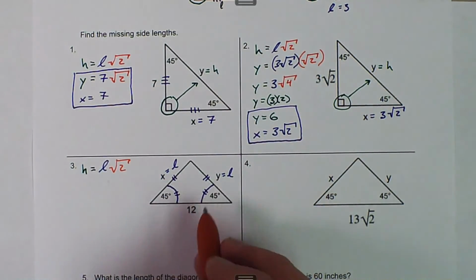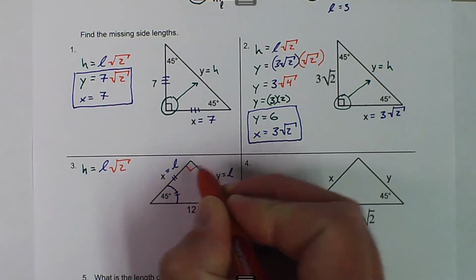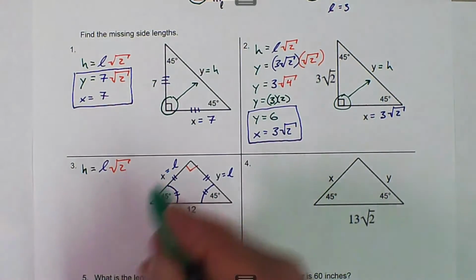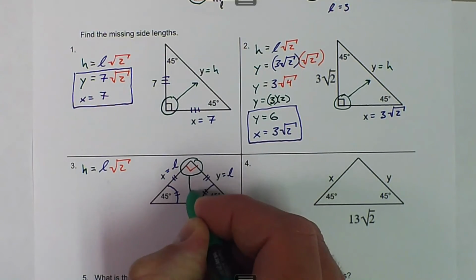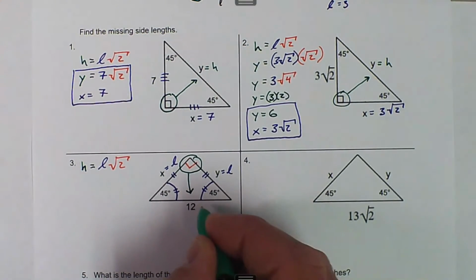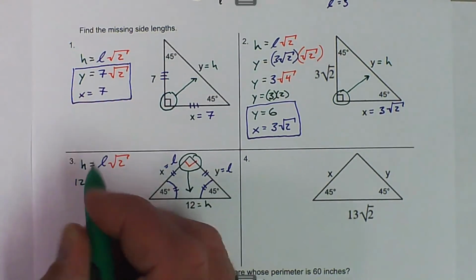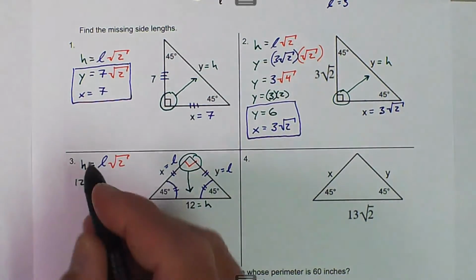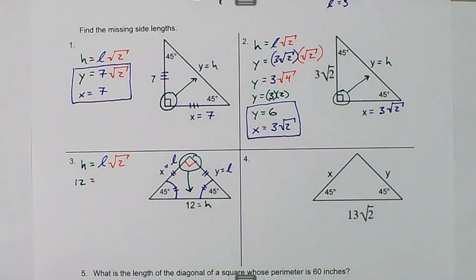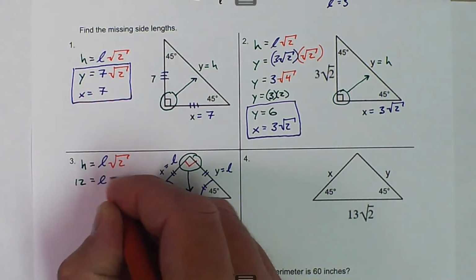Now, because these two are 45, that means that this one has to be 90. So 12 is our hypotenuse. So we can plug in 12 there, substitute it in, and then we get 12 equals L times the square root of 2.